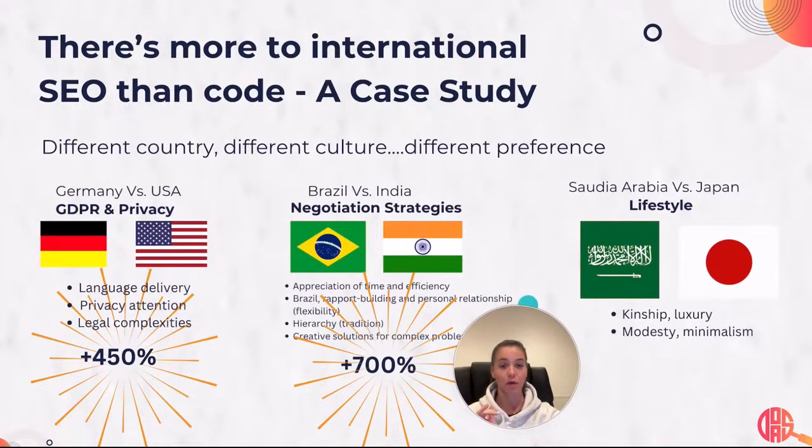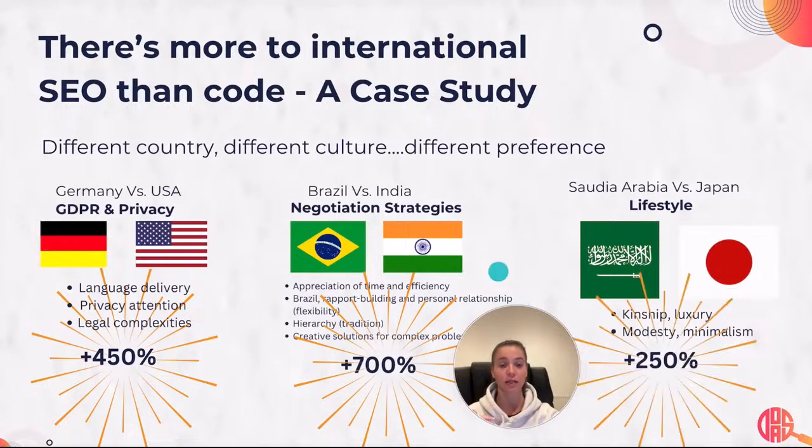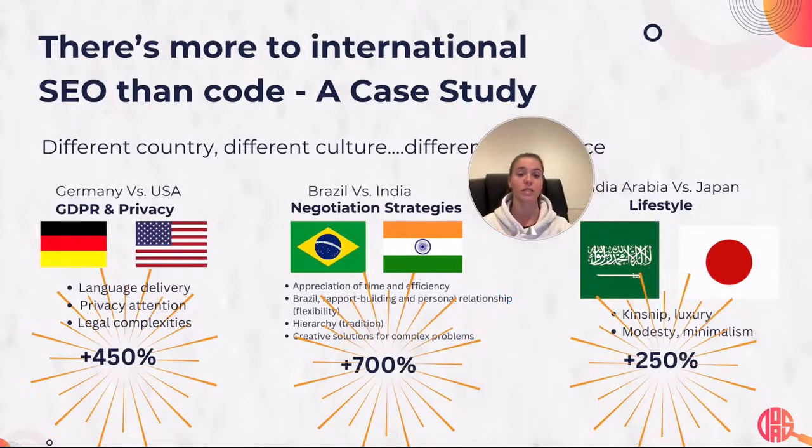And for Saudi Arabia and Japan, we saw an increase of 250%. So this is huge growth. And this was after hreflang was already implemented, and we decided to look a little bit deeper into the cultural preferences of the citizens that we're trying to target in all of those countries.